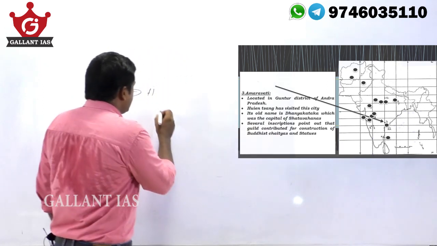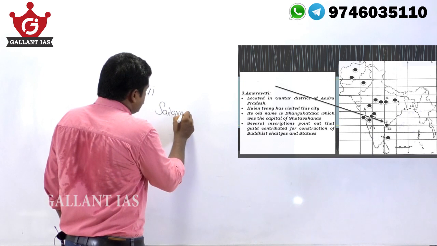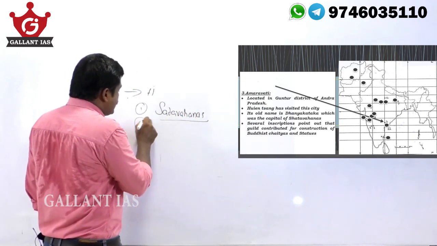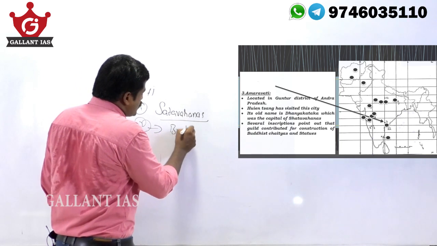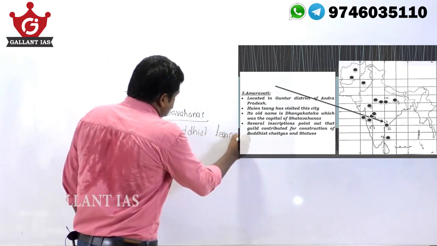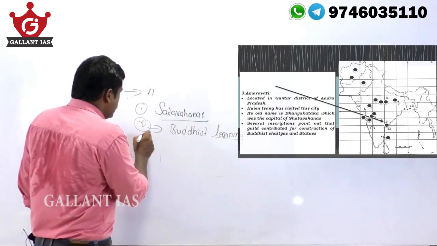Amaravati was the capital of the Satavahanas. It was also a center of Buddhist learning, along with Nagarjunakonda.